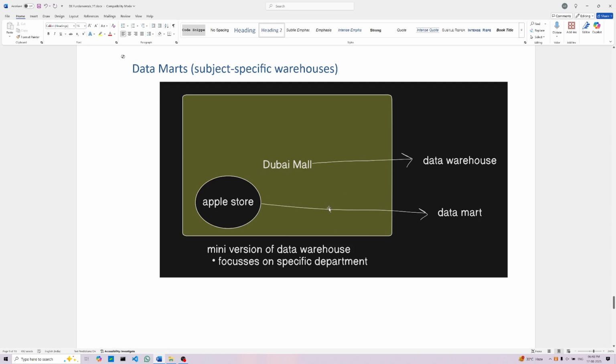So that Apple Store is the data mart. Okay, as I have written here, subject specific warehouses. So data mart focuses on a specific department. So if I need a mobile, I will go to the Apple Store. Okay, so data mart is nothing but a mini version of the data warehouse.